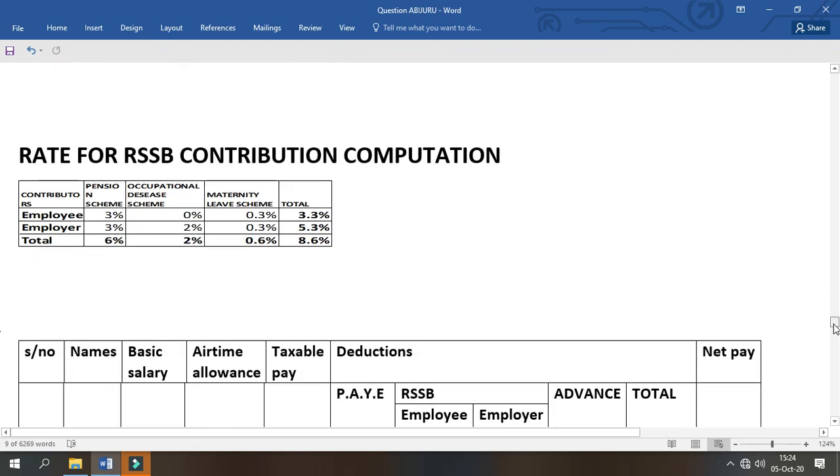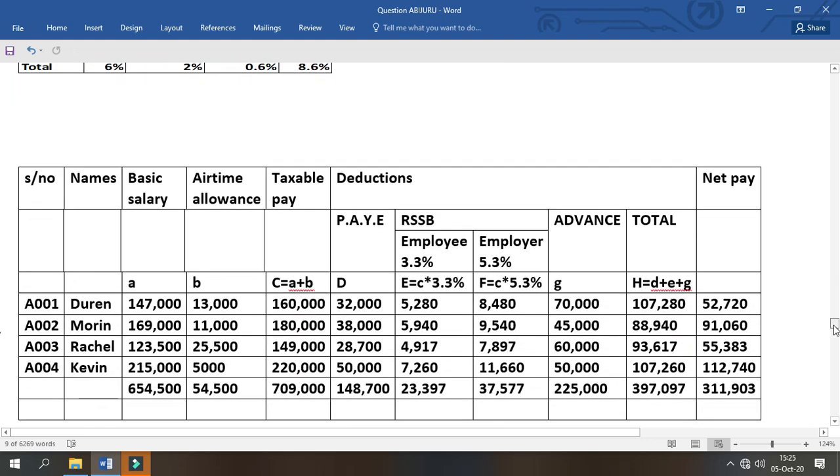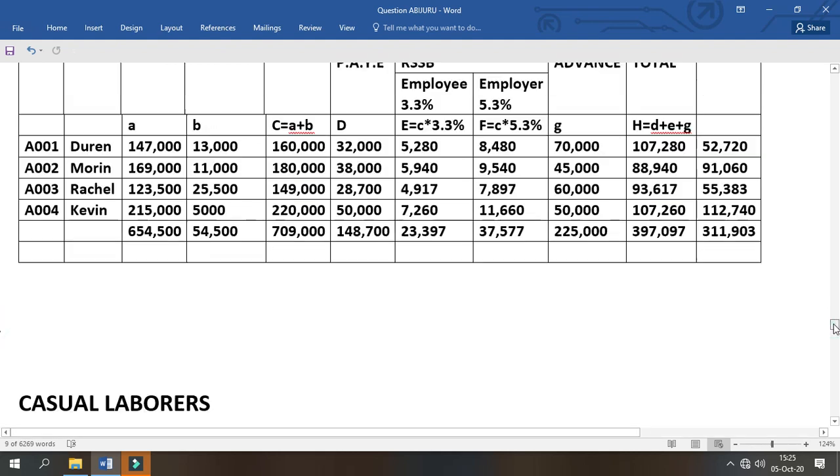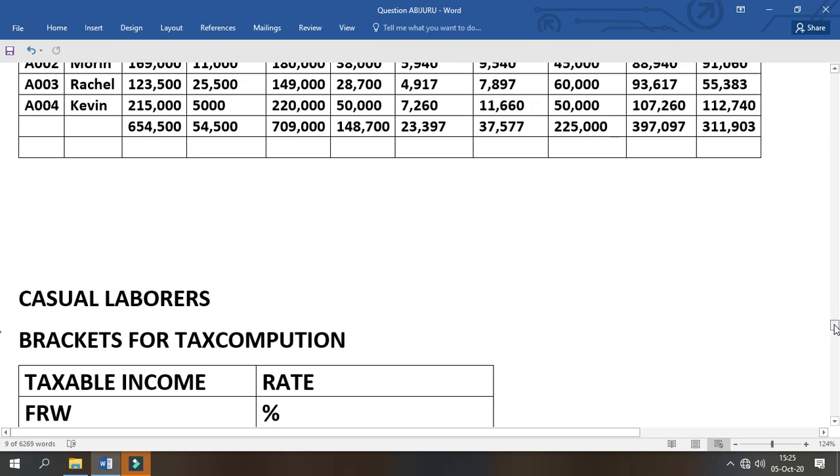So today we are going to make a payroll for the casual laborers and make some payroll journal entries.